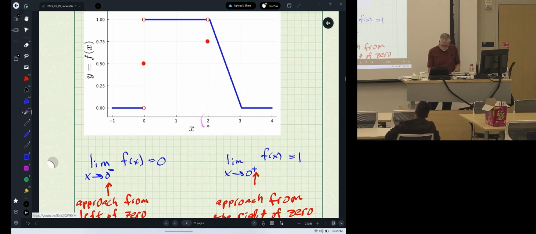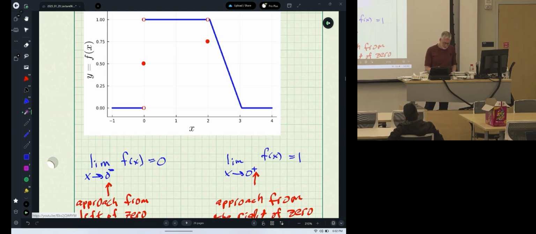2. If I approach from the left at 2, what do I get? 1! We're so excited. And if I approach from the right, what do I get? 1 again!